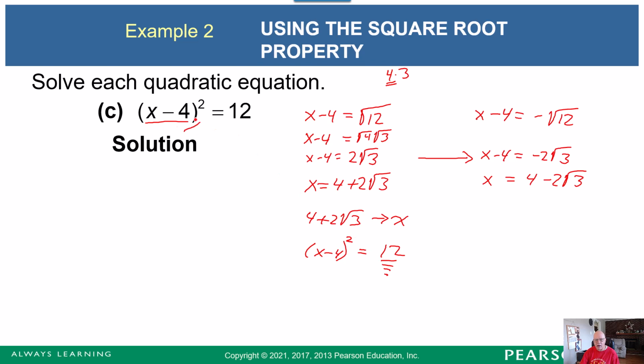That's a check on this one, and it's the easy way to check. And over here, we can put 4 minus 2 square root of 3, put that into x, type this in again, and we should get 12 the second time as well. So both solutions are good.